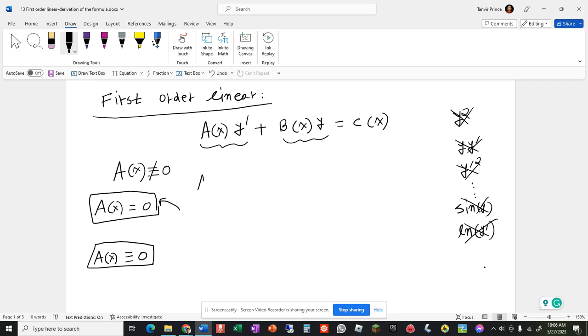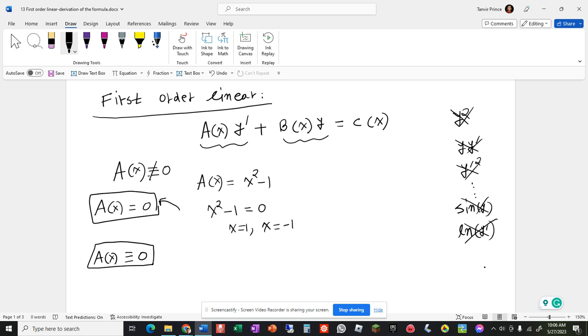As an example, let's say my a of x is x squared minus 1, right? If I write x squared minus 1 equal to 0, there are some particular values, x equal to 1 and x equal to negative 1. Those are the two values where this is 0.